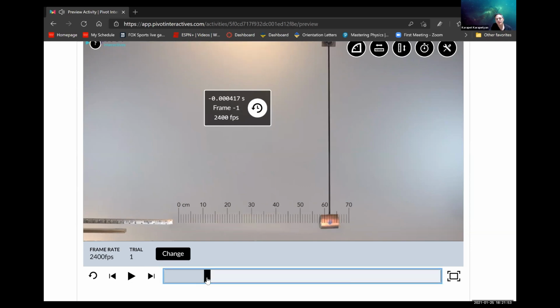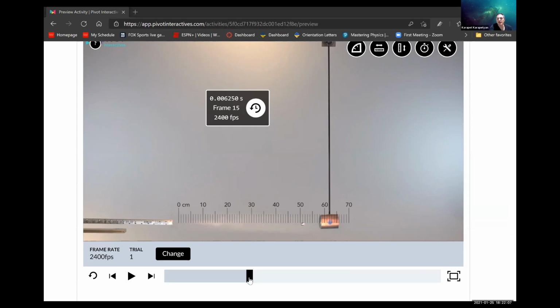Then you can go back. The 0 was here, and how long did it take to reach 50 centimeters? That's the time. Take that distance, divide by that time, and you have the speed, because the marble moves with uniform motion. Distance over time gives you the speed.